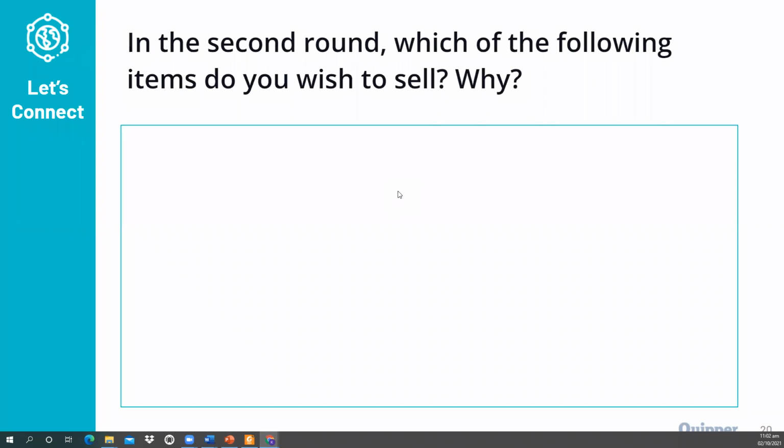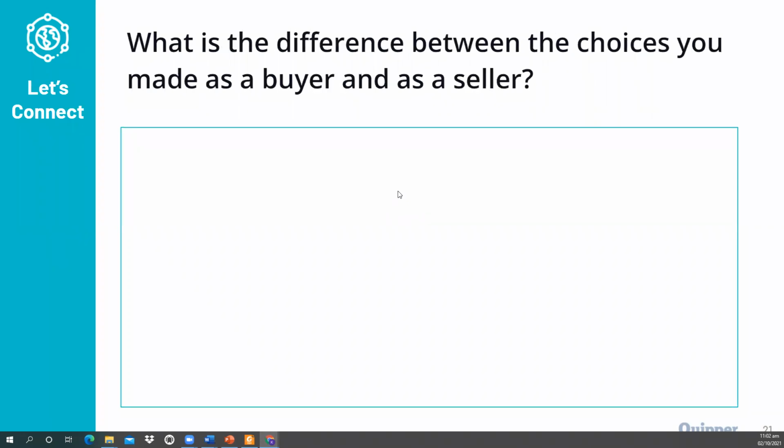I think that's how you think. Okay, so what is the difference between the choices you made as a buyer and a seller? So as a buyer, no, parang to sum it all, we chose the cheaper one. And then for the seller, we all chose the expensive one.